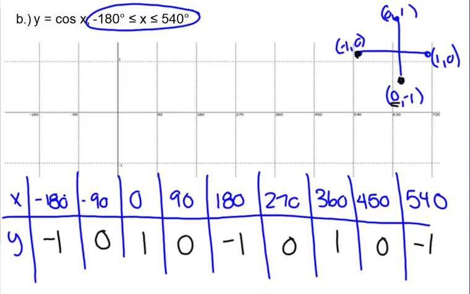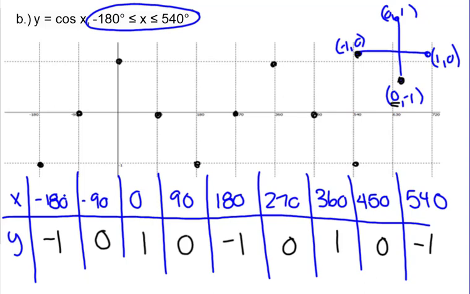And if we want to plot those points, here we go. Negative 180, 270, 360.